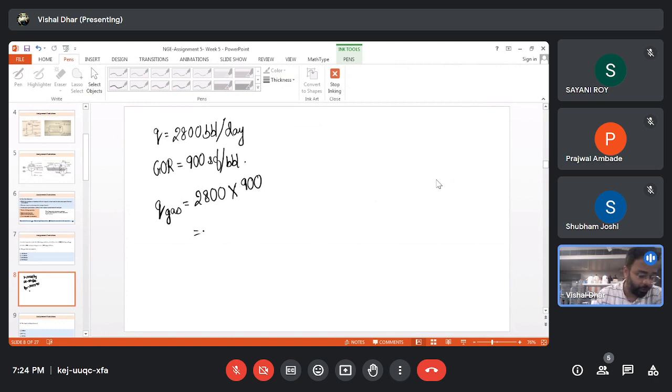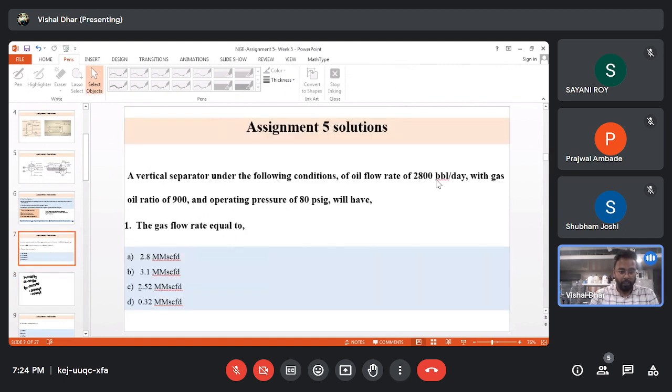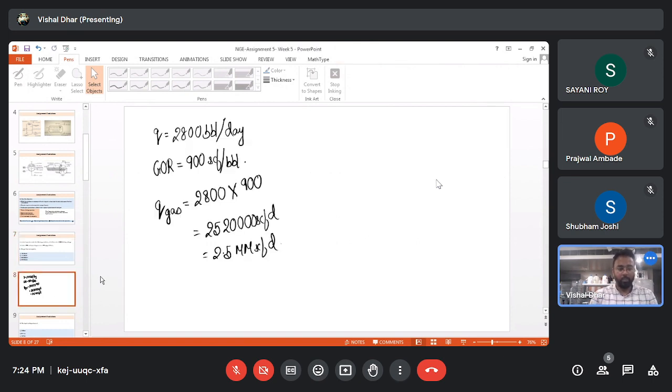So it's very easy. It will be 2.52 million SCFD, or 2.5 mmSCF. So the correct option is 2.52 mmSCFD, option C. Write down the numerical, and then we'll be going to the next question.